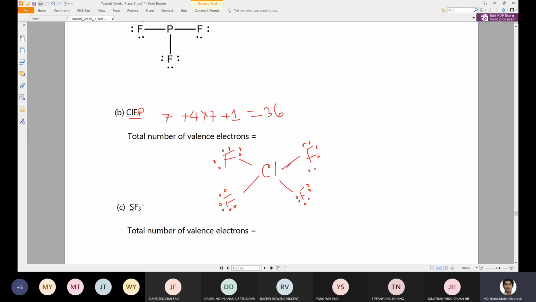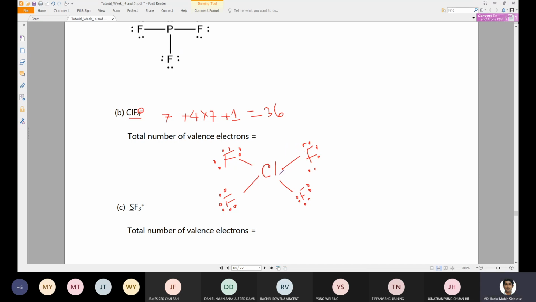That means chlorine has 8 electrons as well. So that means there are 32 electrons, right? 32 electrons are there, isn't it?